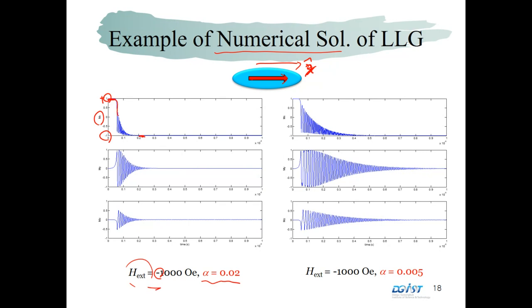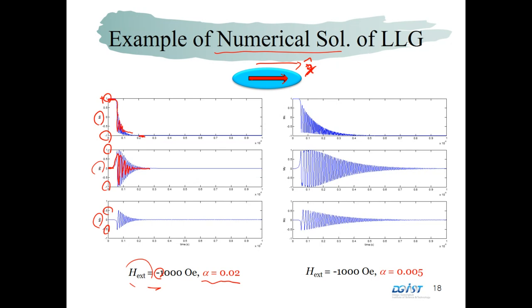As you see here, there is some kind of oscillation. Also mx and my start from 0, and there is some strong oscillation that damps out. It's similar to mz, but please remember that the magnitude is different.